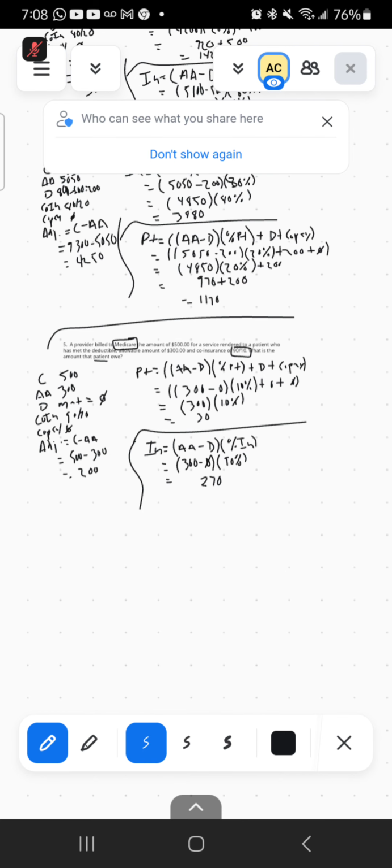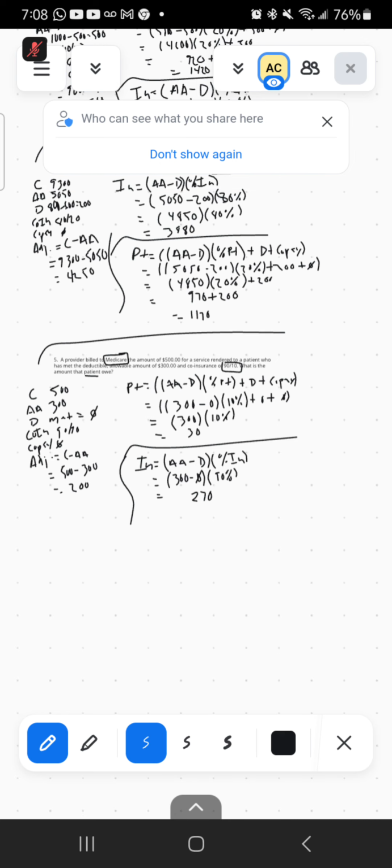Questions about number 5? Someone had a question. In question number 5, it says how much a patient owes.